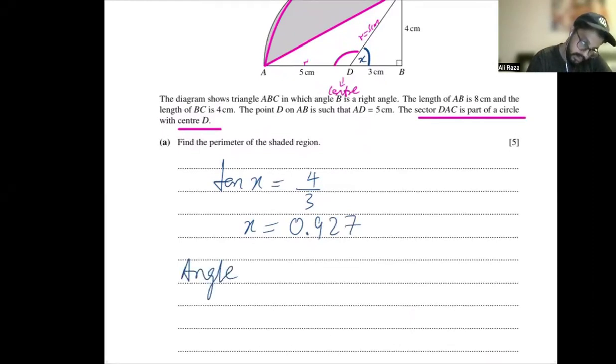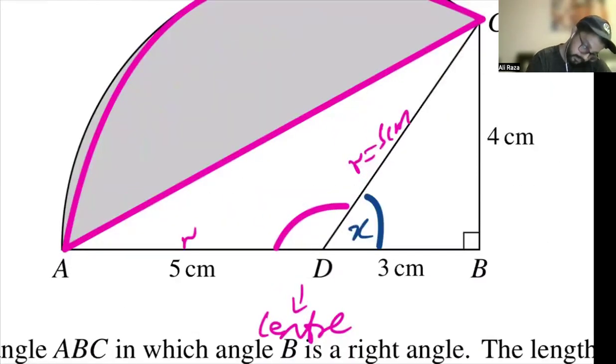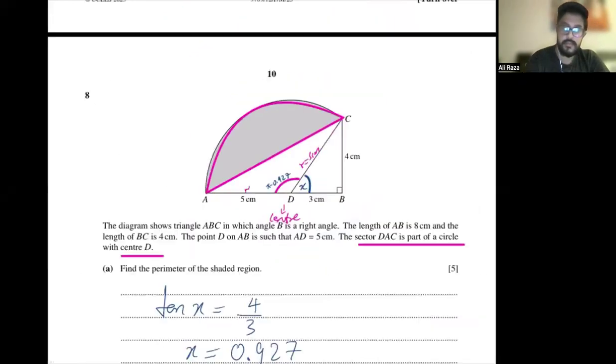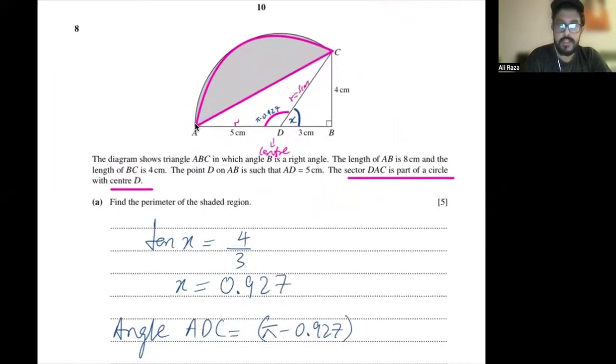Angle ADC comes out to be pi minus 0.927. Now to find the length of the straight line AC, I can apply cosine rule using the sides 5 centimeter and 5 centimeter and the angle between these two sides.